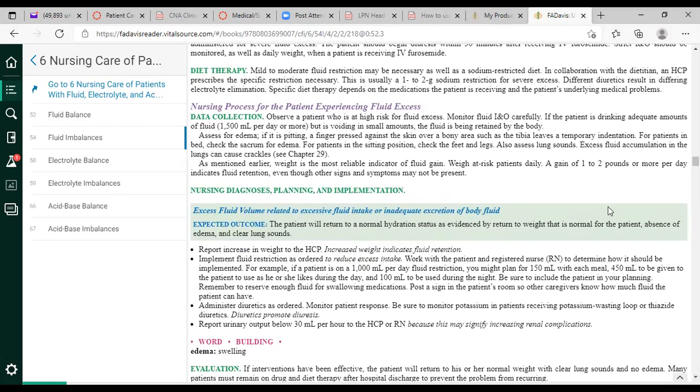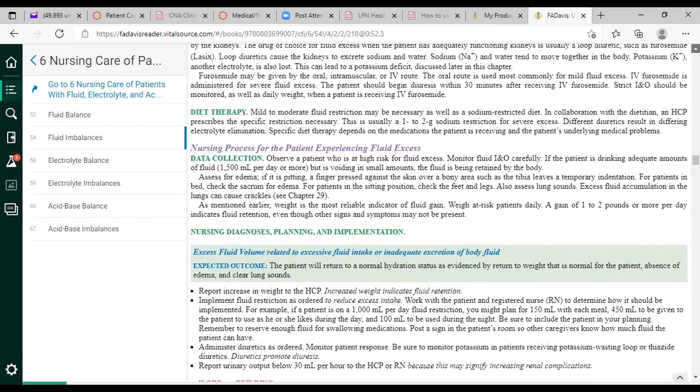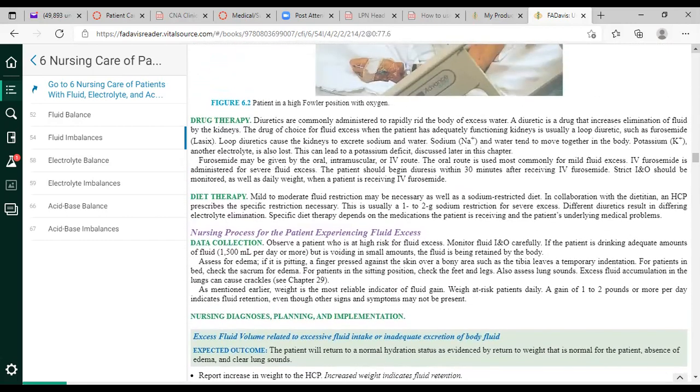And who are some patients that you all know that require fluid restrictions? Oh, hemodialysis patients. Yeah, patients who are experiencing kidney failure require fluid restrictions.